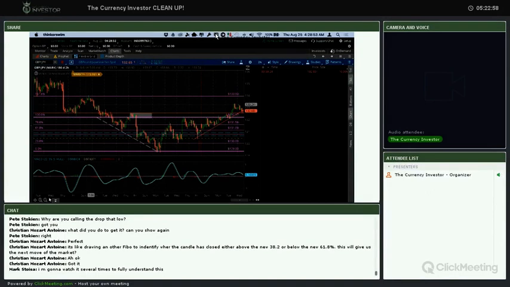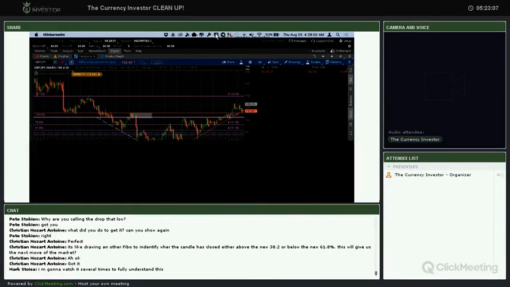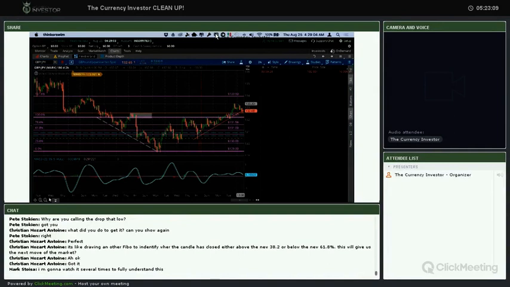Now if we look here, this is the price is currently visiting. We get a little reaction here, and then we get another reaction, and another reaction.